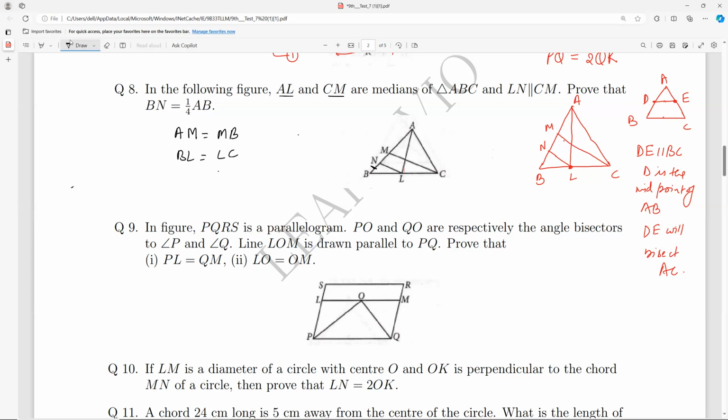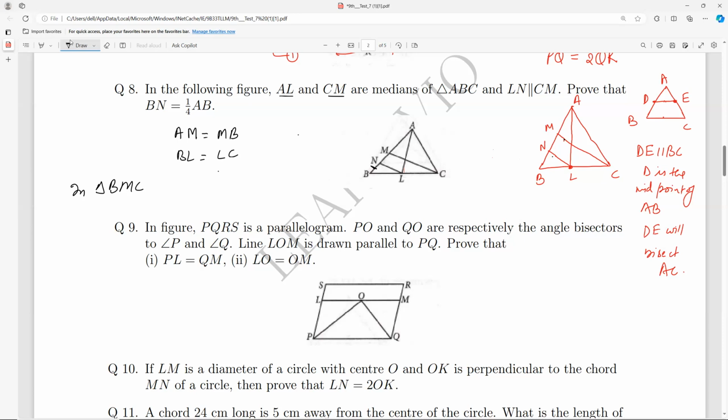Okay, Rima, take triangle BMC. In triangle BMC, you will say that this side is parallel to this side. Rima, are you there?